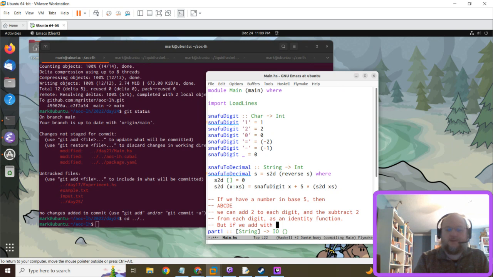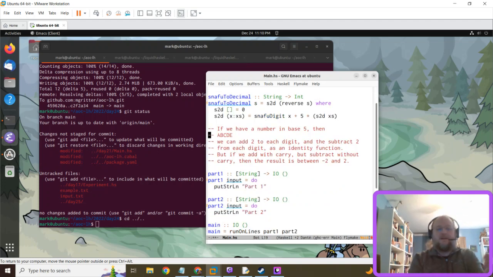So if we add with carry but subtract without carry, then the result is between -2 and 2. Okay.